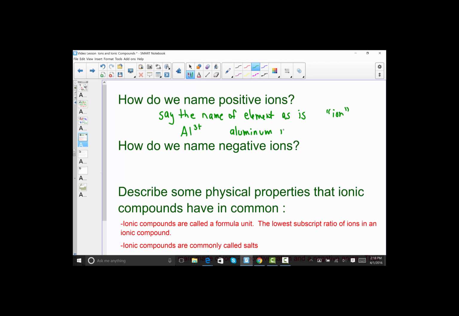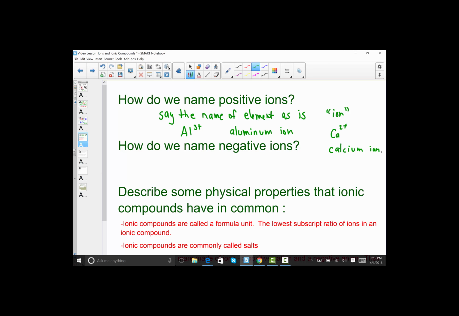It lost 3 electrons. If I want to name Ca2+, I'll call it the calcium ion. So I simply say the name of the element as it appears on the periodic table and add the word ion after it to let you know I'm not referring to a neutral atom. I'm referring to a positively charged ion.